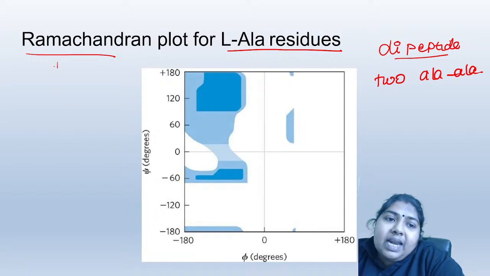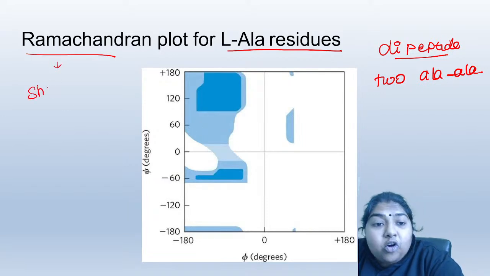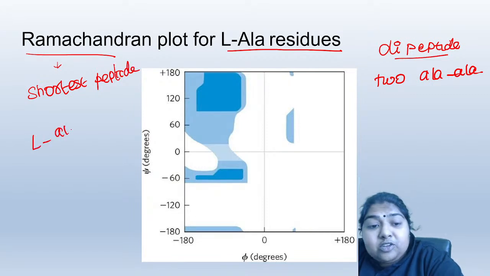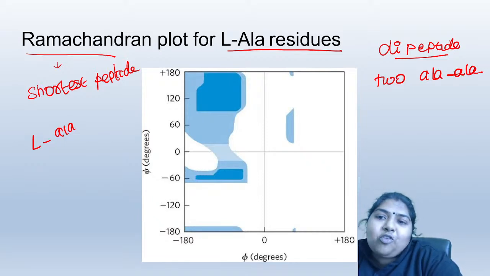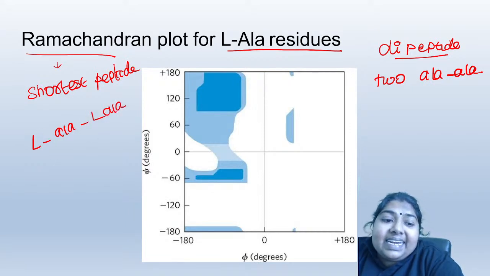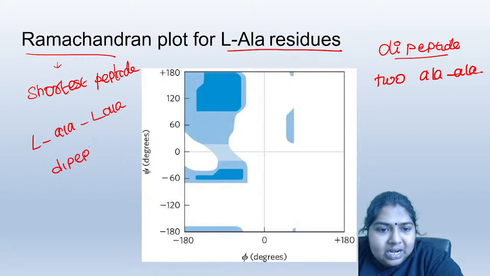So your Ramachandran plot is applicable even for the shortest peptide. And he used only the L-alanine, he didn't use D-alanine. He did it with the L-alanine dipeptide. Got it?